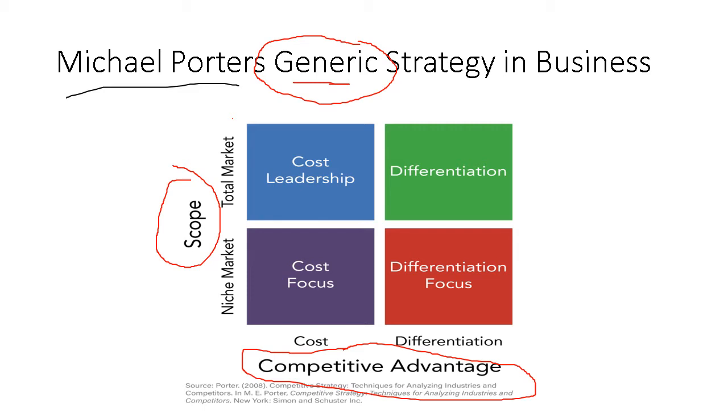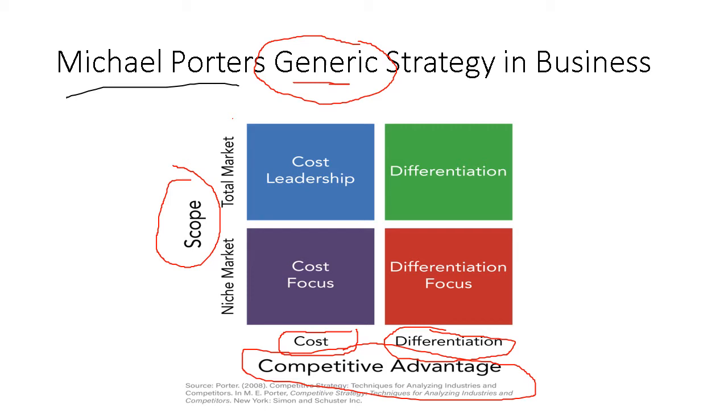And according to Michael Porter, there are two types of competitive advantage any business can implement and plan. We have cost and we have differentiation. Meaning to say, if you are using cost as your competitive advantage, you are using a low cost strategy in your business organization.